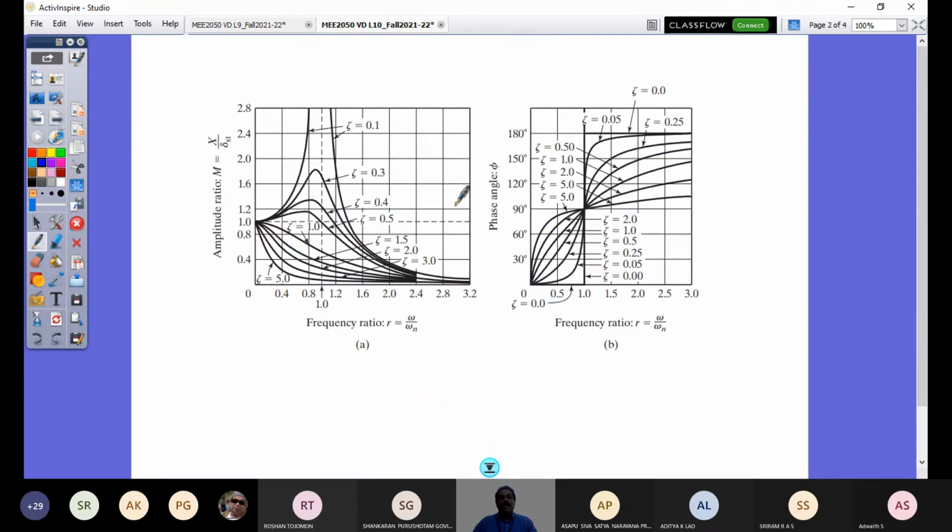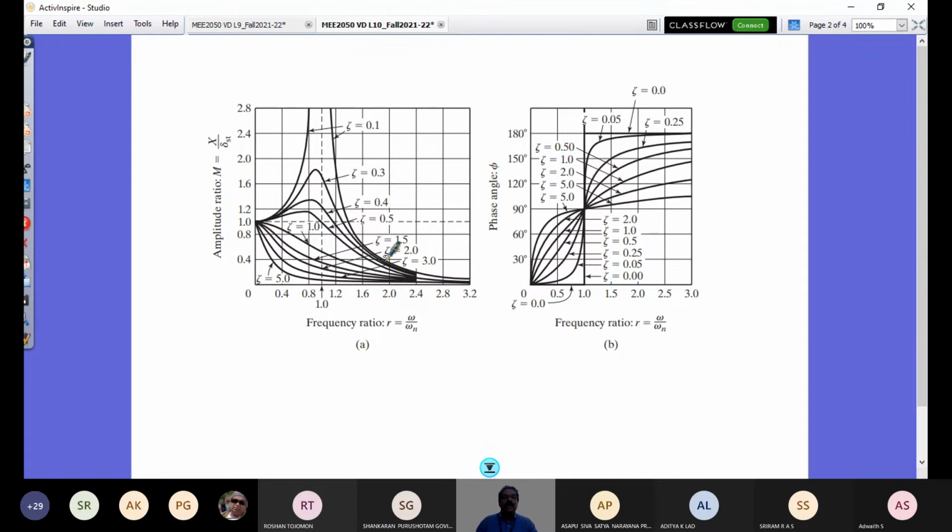This is what we were doing in the last class. You remember? This is not for this. So what is this diagram? This is for harmonic excitation of f of t equal to f naught cos omega t or f naught sin omega t.